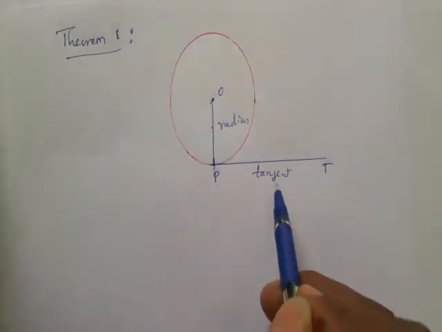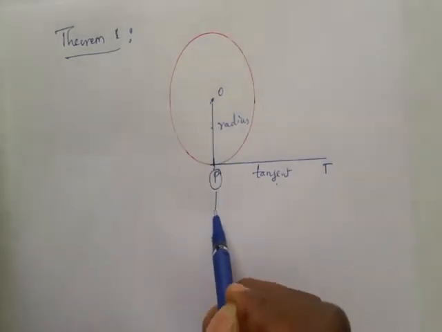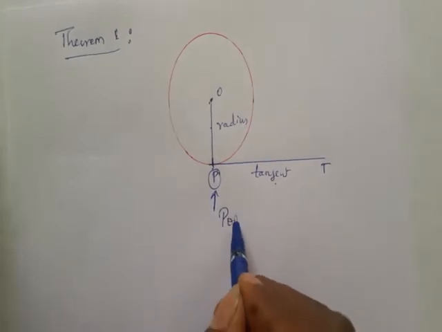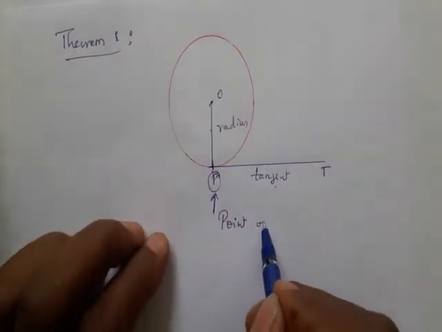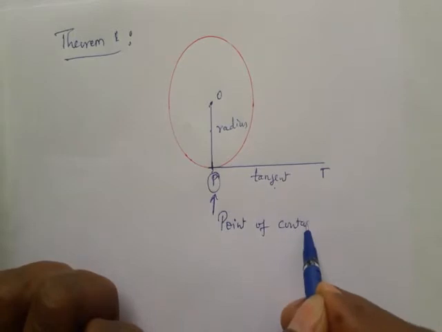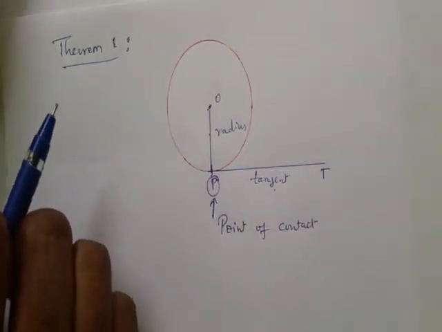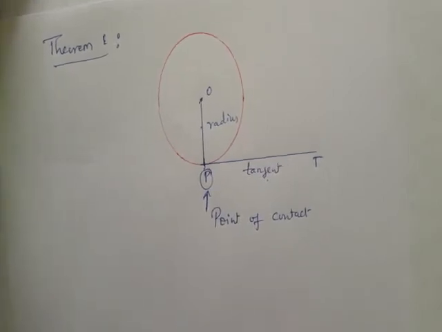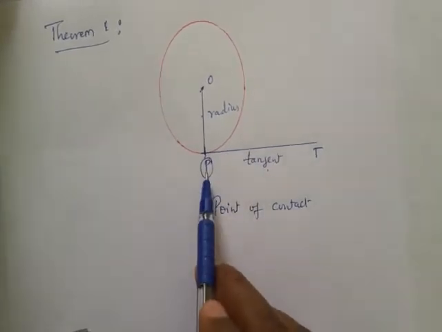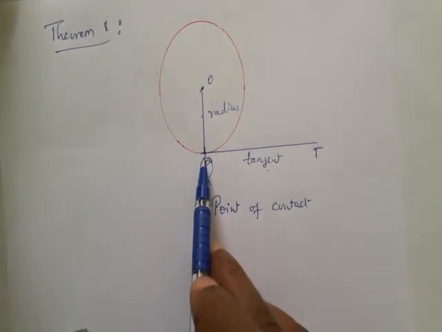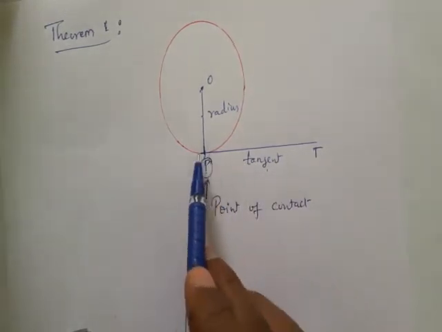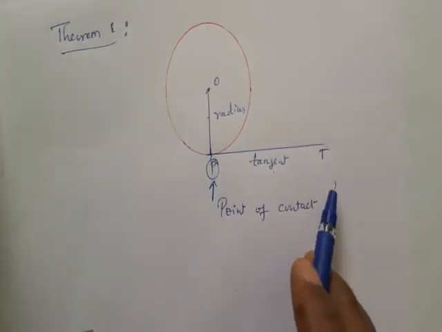This radius and tangent both are meeting at P. This point is called the point of contact. The reason is, the point P where the radius OP and tangent PT both are meeting is called the point of contact.